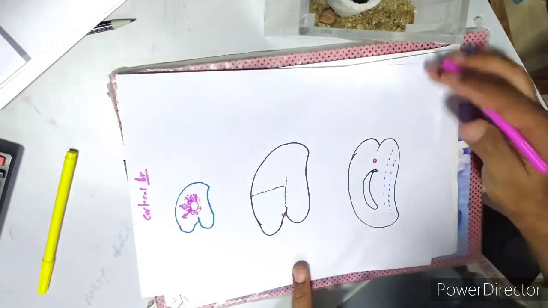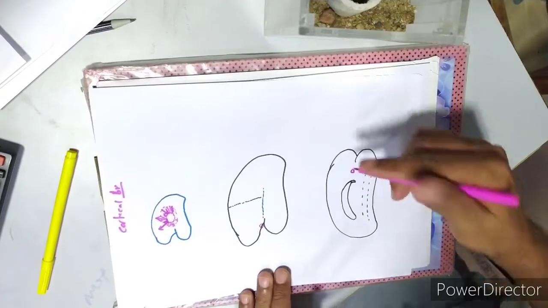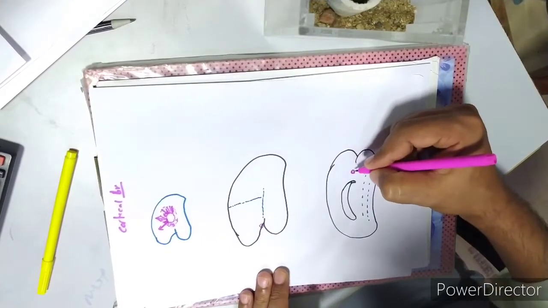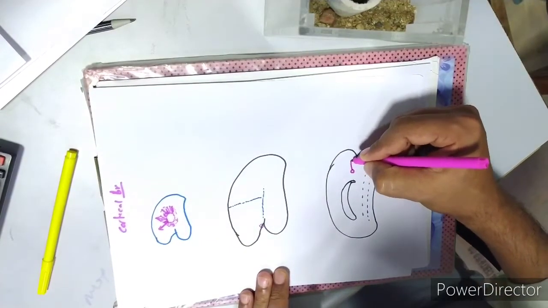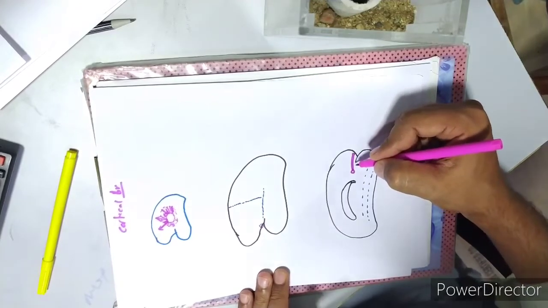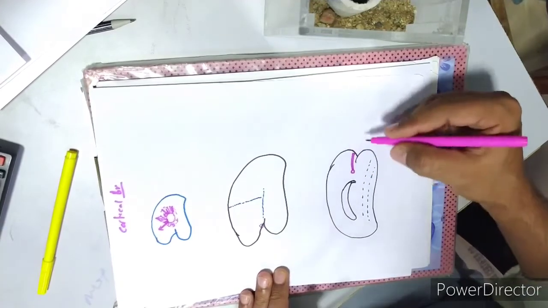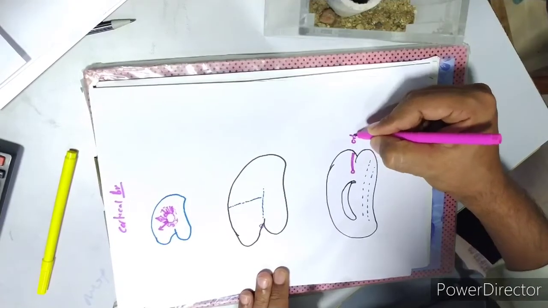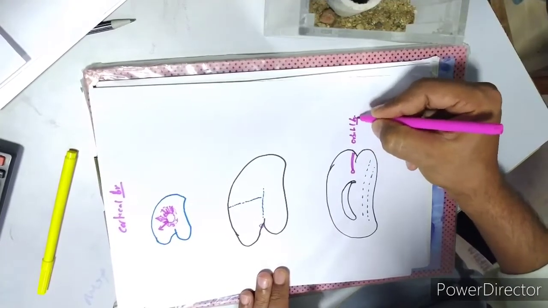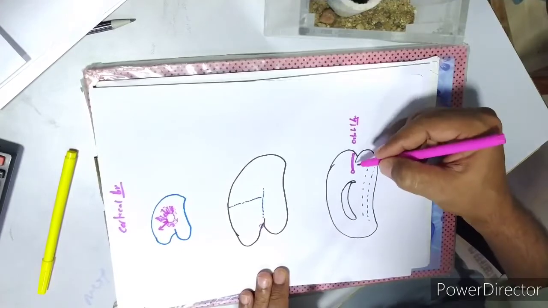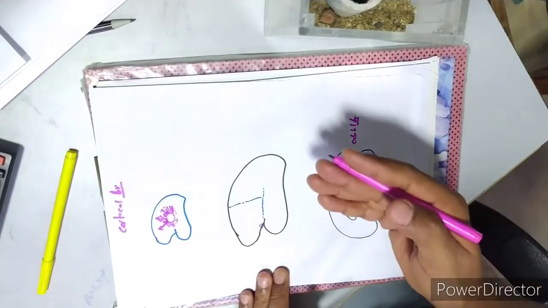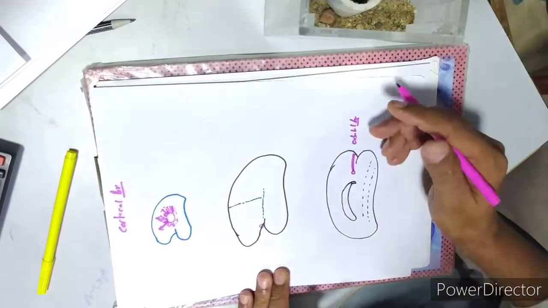Now what are the branches of this artery? First, this artery gives rise to one branch on the orbital surface of the frontal lobe. This is known as the orbital branch, which supplies half of the orbital surface of the frontal lobe.